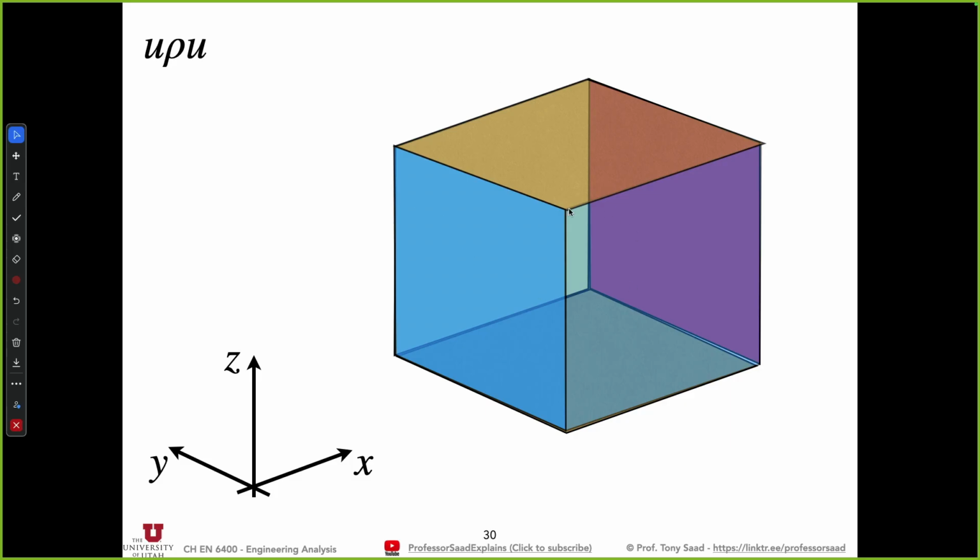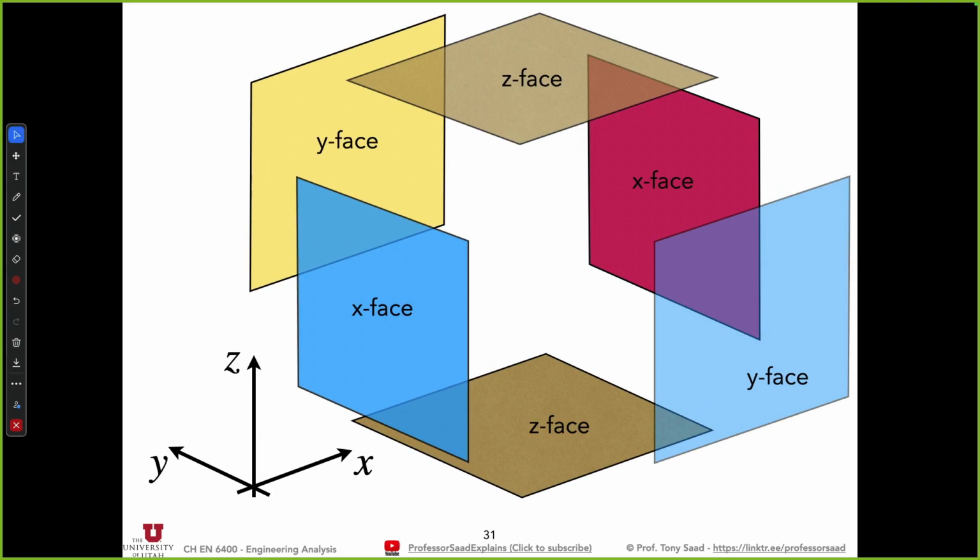Now, if I take this infinitesimal control volume that I'm talking about, and I'm looking at u rho u, for example, I didn't define x and y and z faces. I defined it in the homework a little bit, but let me define it here. X faces are faces that are perpendicular to the x-axis.